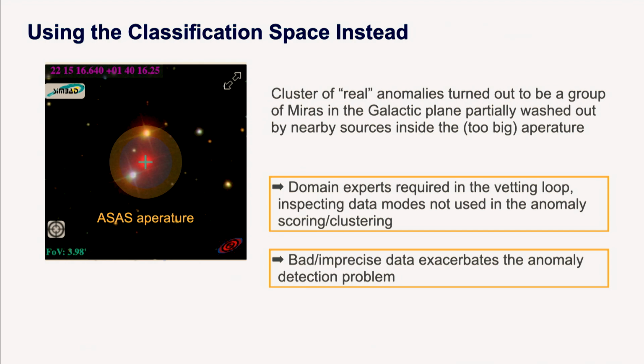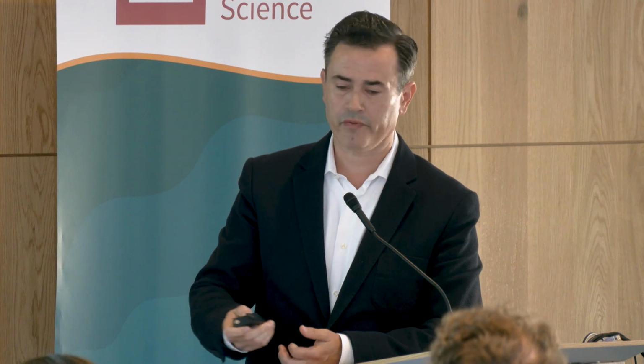Importantly to emphasize is that domain experts had to be in the real-time loop before we actually started going farther down the road. And it's that kind of imprecise and bad data that you didn't usually take yourself, but somebody else took for you and put in a database, that becomes a major bugaboo as we try to actually find new physics.